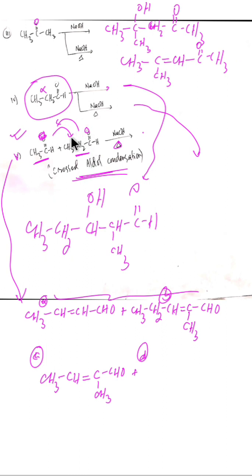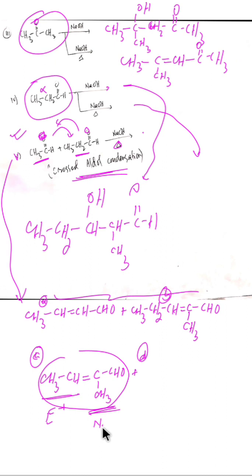this with this, where this will act as electrophile and this will act as nucleophile. Actually in an aldol reaction, one of the aldehydes or ketones acts as the electrophile, and another one as the nucleophile, okay. In this case both are acting as both aldehyde and ketone. Here in this product this part is acting as electrophile, and this part of 3 carbon atoms is acting as nucleophile.